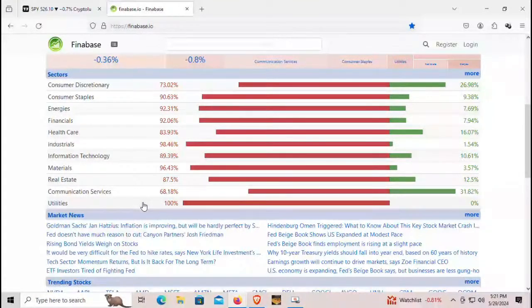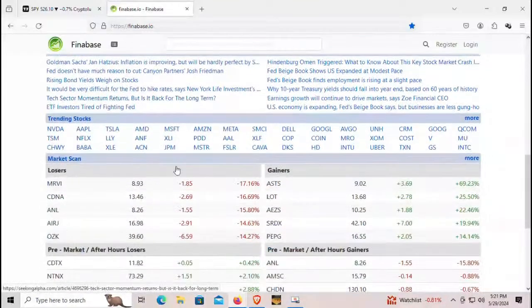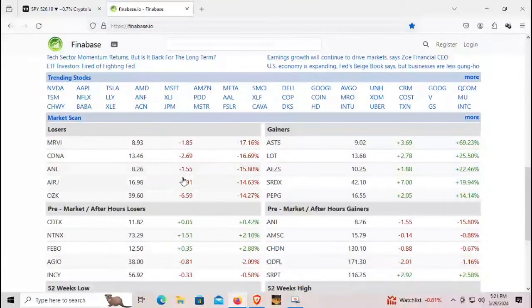Utilities was 100% sell, communication services, because of Netflix, 68%, real estate 87, materials 96, information technology 89, industrials 98, healthcare 83, financials 92, energy 92, consumer staples 90, consumer discretionary 73. So actually this moved the S&P close to 1% down, especially utilities.